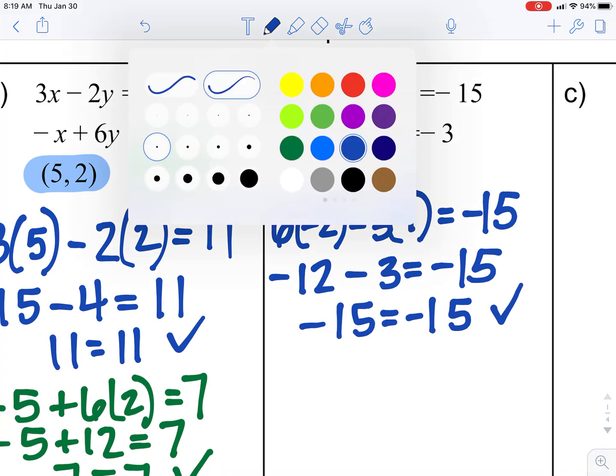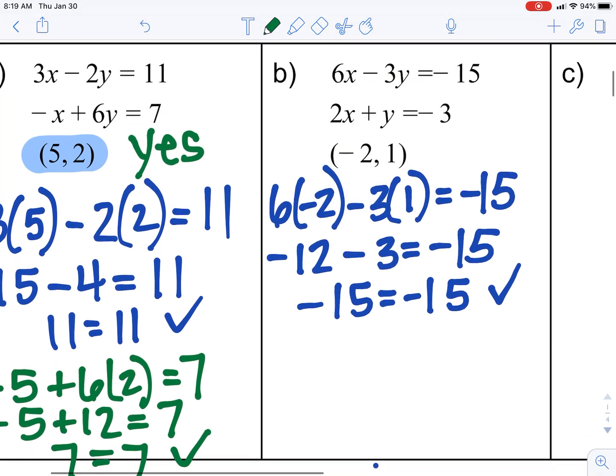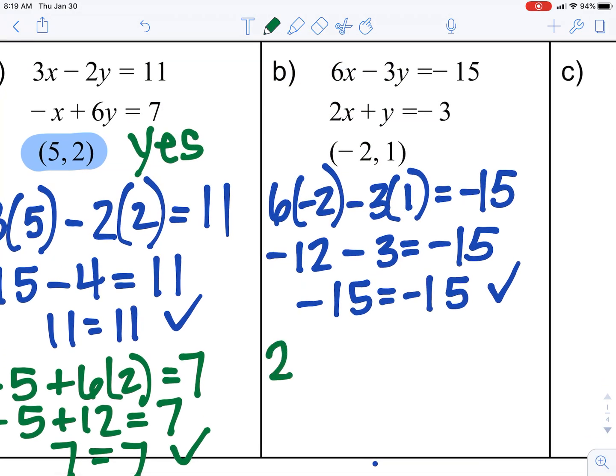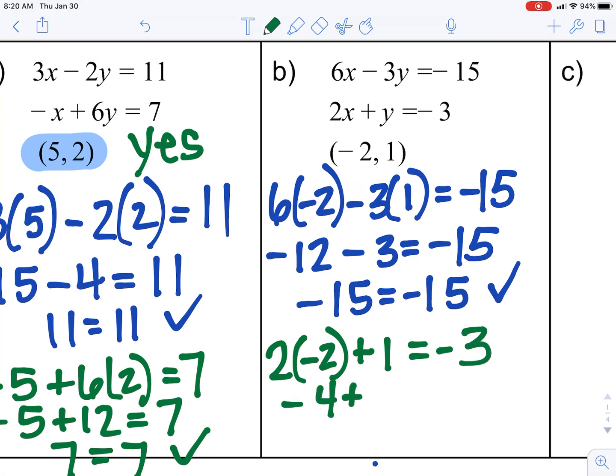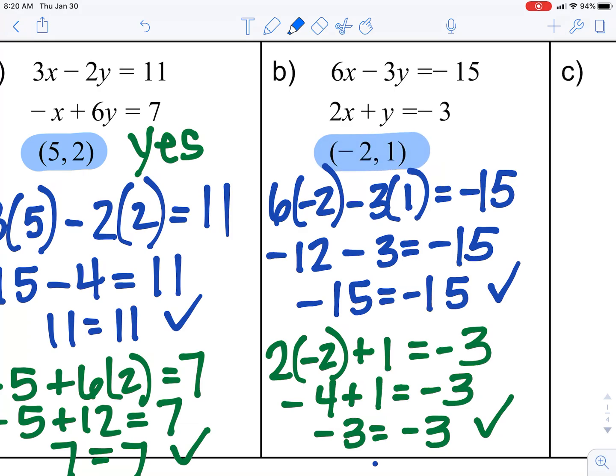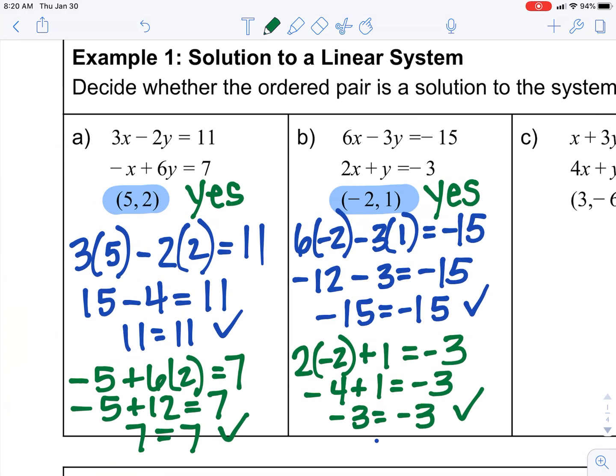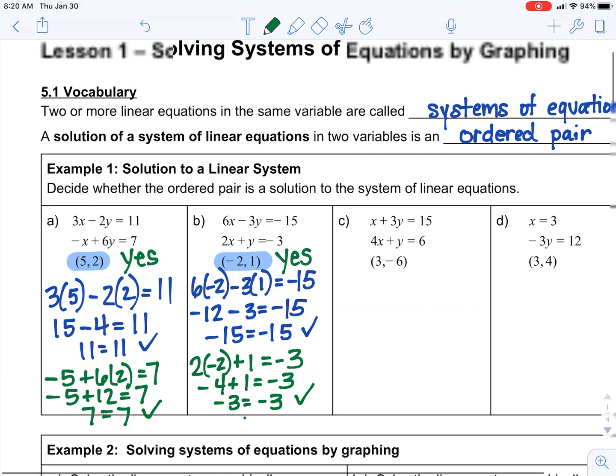So the first solution works. Solution number 2, substitute in again, -2 for x, 1 for y. And we get -3 equals -3. So yes, -2, 1 is a solution of this system.